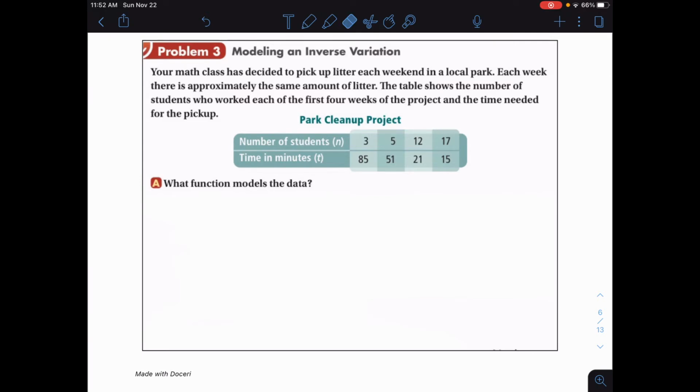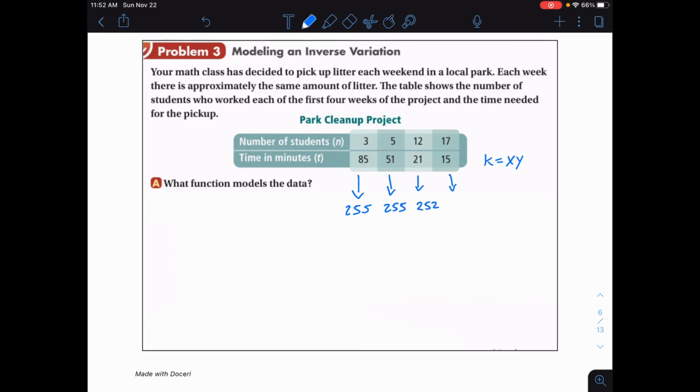Remember, to find k with an inverse variation, it's k equals x times y. So 3 times 85 is 255. 5 times 51, well that's 255. 12 times 21 is only 252.